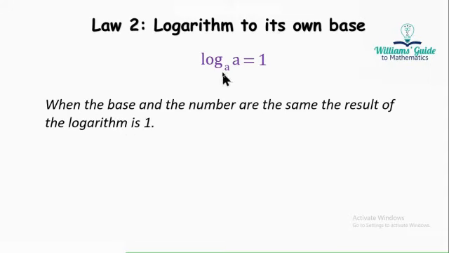The base a, the number a, they are the same. So our logarithm will be 1. If we have log 7 to base 7, the result is 1. It is so because the base 7 and the number 7 are the same.